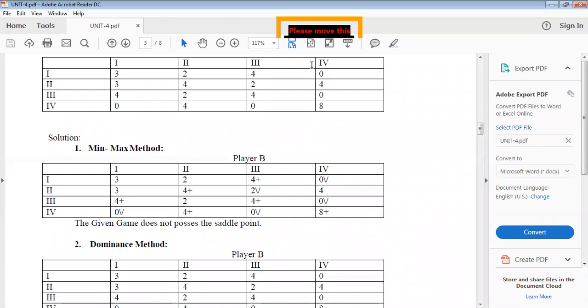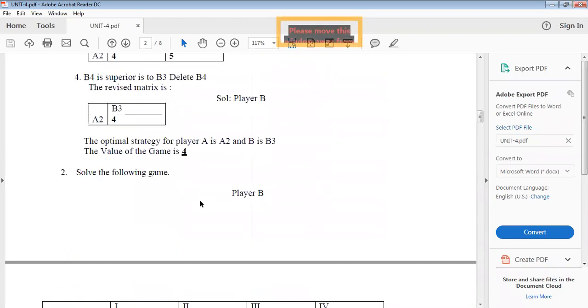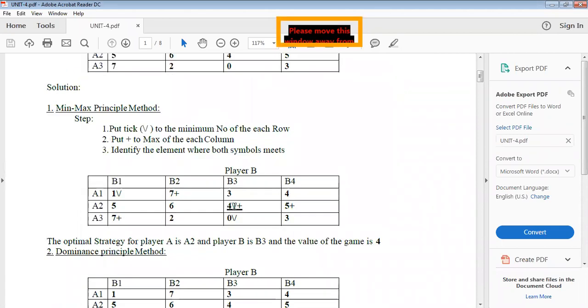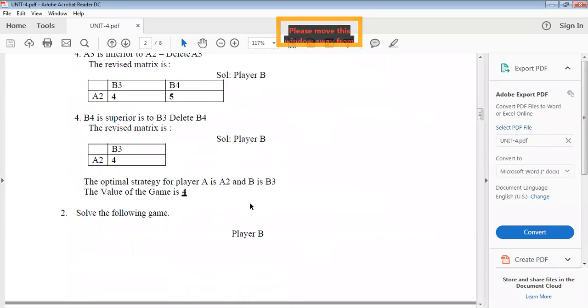Saddle point means where minimax and maximin join together: the minimum of the row and the maximum of the column. Here they are not meeting. In the previous case, row-wise minimum and column-wise maximum matched, and 4 was the optimal solution that we marked.